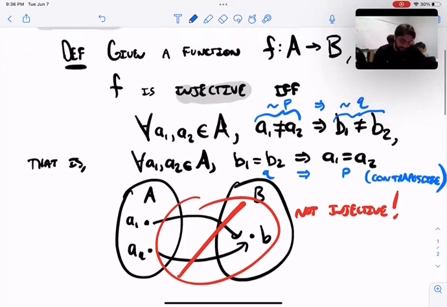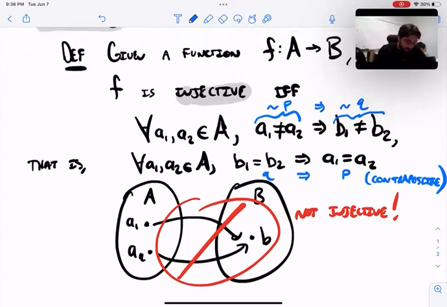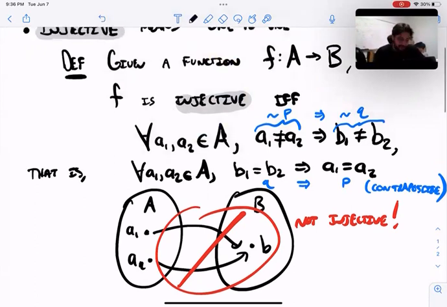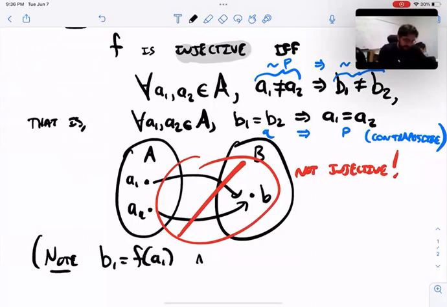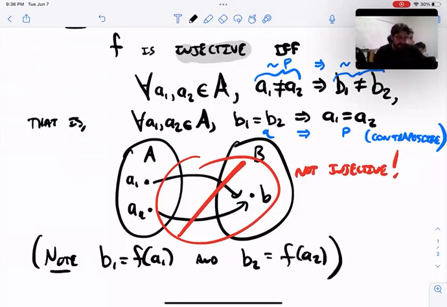Where, and I should specify where B1 is the element that f paired with A1, right? And B2 is the element that f paired with A2, right? So the note in this case, right? What do the B's represent, right? Here I'm taking B1 to mean f of A1, and I'm taking B2 to mean f of A2, right?